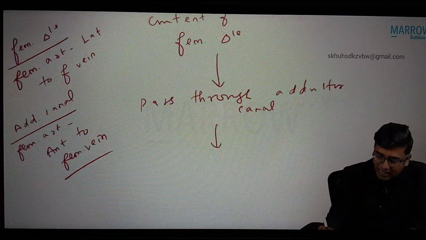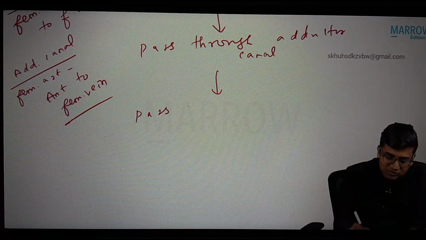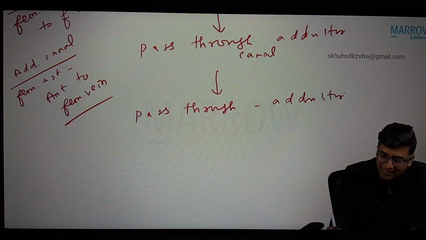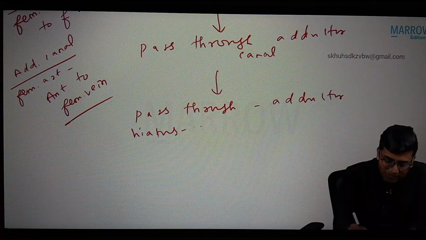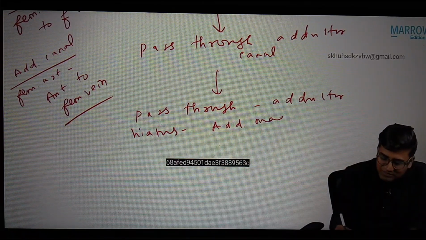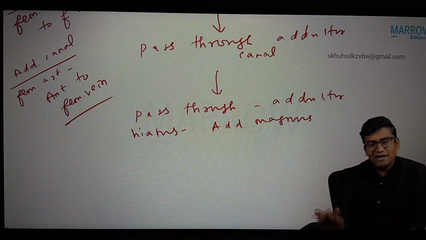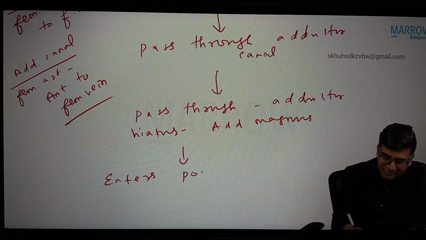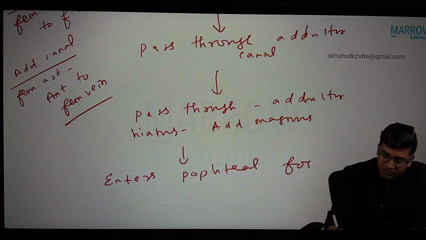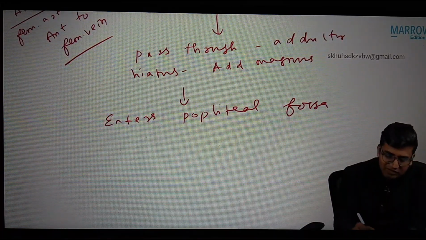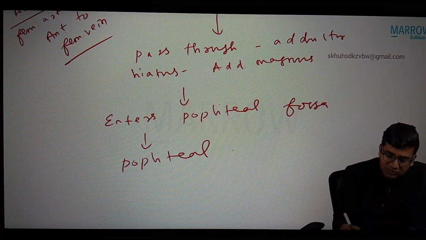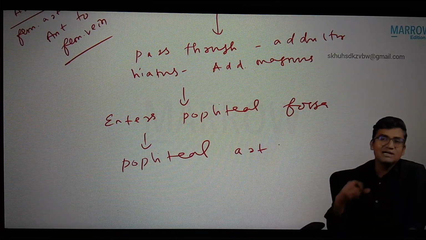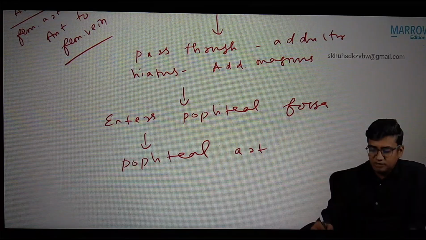And then the artery passes through adductor hiatus. Adductor hiatus is the opening in the adductor magnus muscle. Now by passing through adductor hiatus, the artery enters popliteal fossa, and the name of the artery changes to popliteal artery.